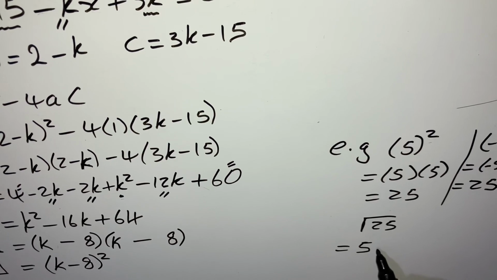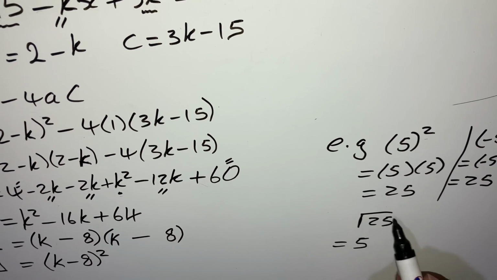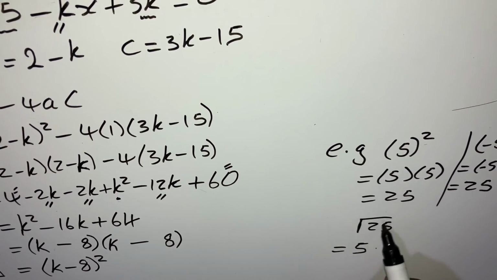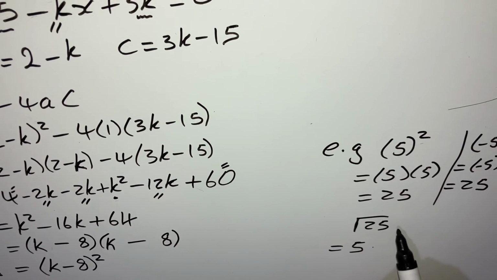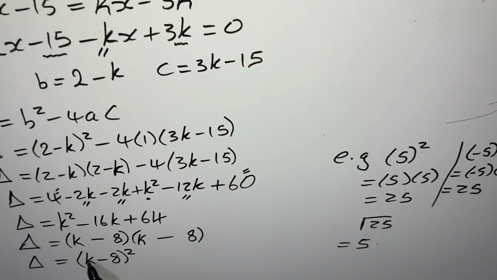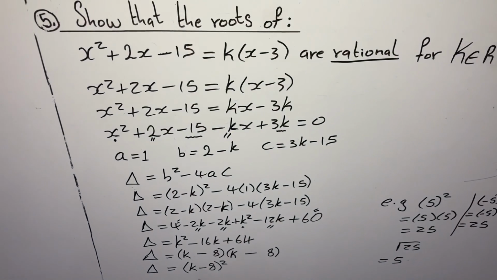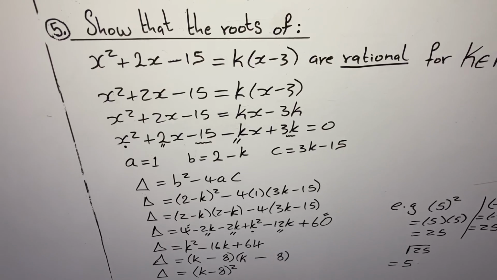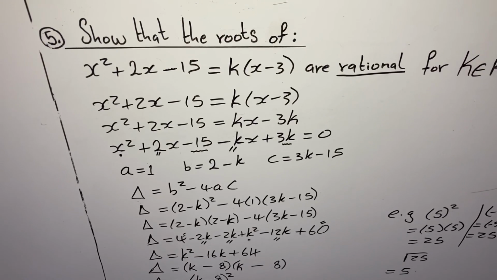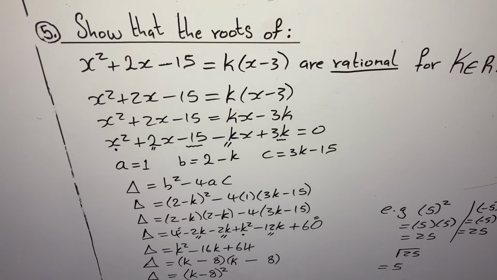A perfect square. Because the root of 25 is 5, making this 25 a perfect square. So now we have this being squared, which is going to give us a positive product. And that positive product will give us what? A perfect square.